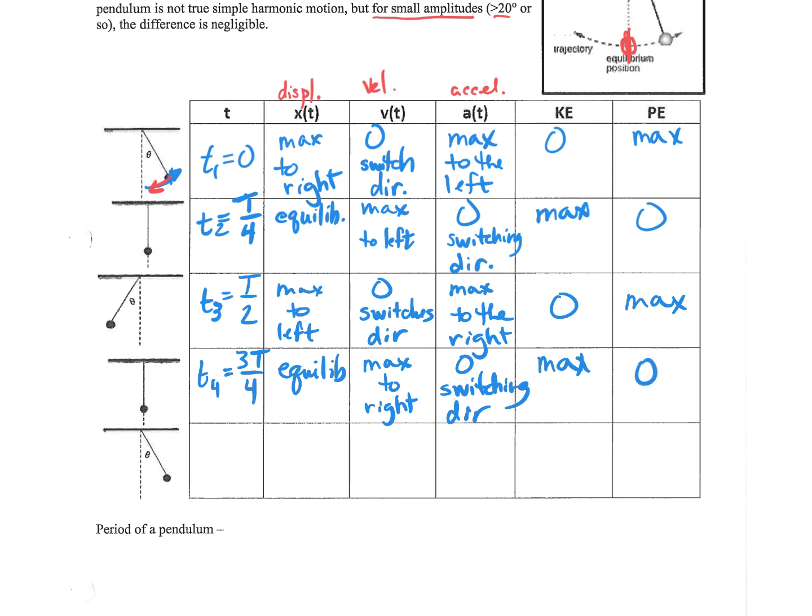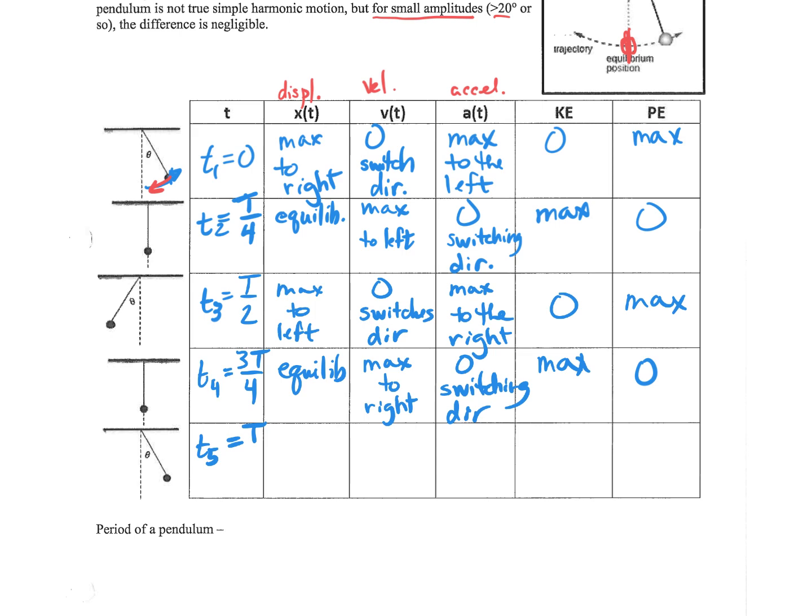All right, so we're on phase 4, right? We started here, we came to here, we went back up, we're back down again, and then we're going to finish up by going all the way up. So, position T sub 5, and we've gone all the way through one what? One cycle, what do we call that? One period. So this is just now T.